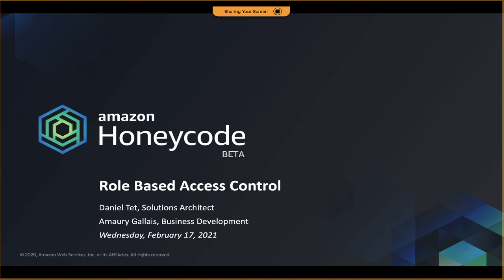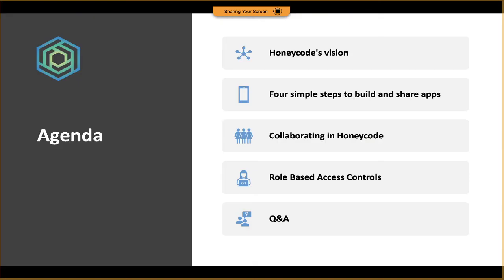So we can move to the next slide, and today we'll start with these few slides where we'll first go over a few reminders about Honeycode, the vision behind the product, and the 4 simple steps to build and share a Honeycode application. We'll then review the concepts of teams in Honeycode and how teams can collaborate.